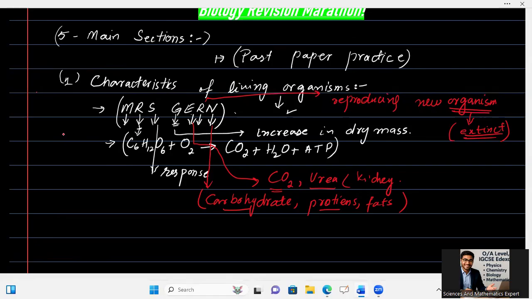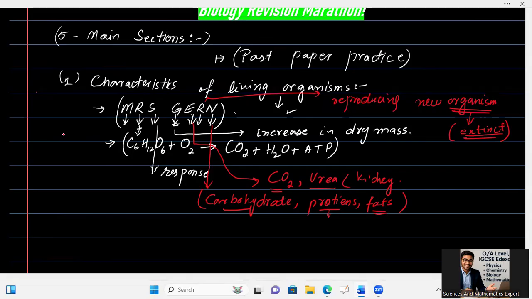Proteins are required for making new materials in the body for growth. Fats are also an enriched energy source. A very common question is to define excretion and distinguish it from egestion, which is the removal of undigested food from the anus.